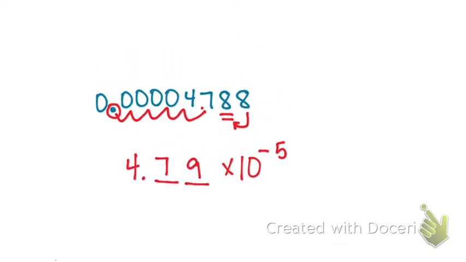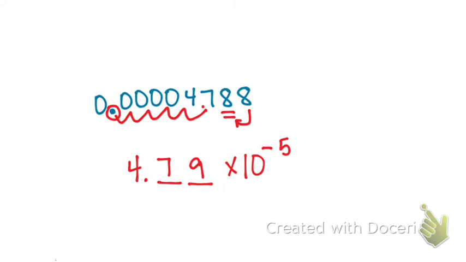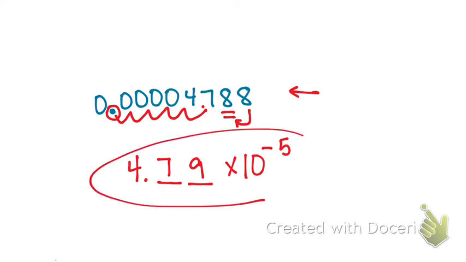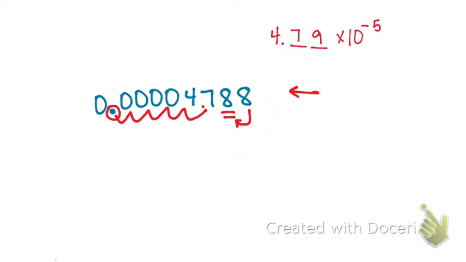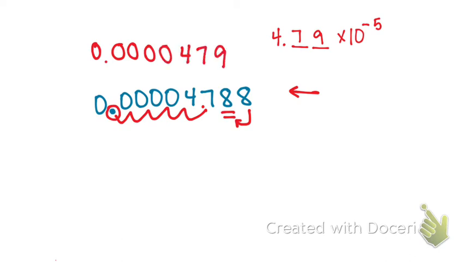Okay, because if I look at my original number, here's the original number that we had to express. And here is where I think it needs to be rounded to. Here's why, okay? This number, 4.79 times 10 to the negative 5th, is the same as 0.0000479.